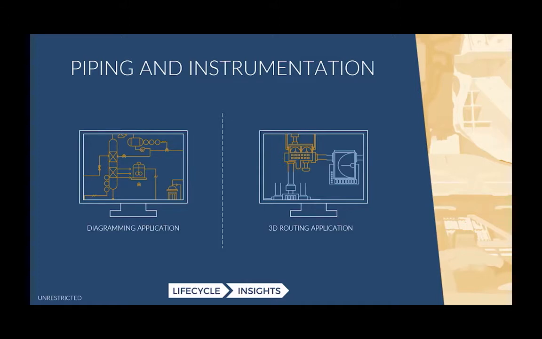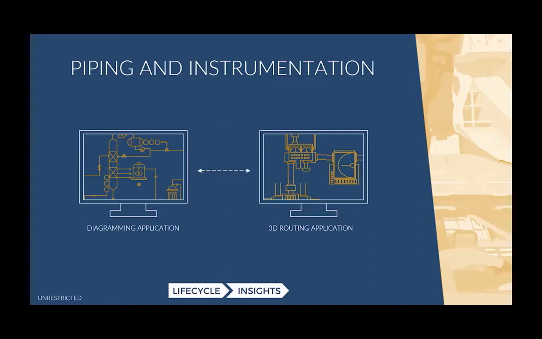If you make a change to the diagram, it doesn't necessarily mean that update is going to be made to the 3D model. And when you have diverging definitions like this, you can really get into trouble. This is where you order the wrong parts and you end up with delays, cost overruns, and this can sink a project very quickly.